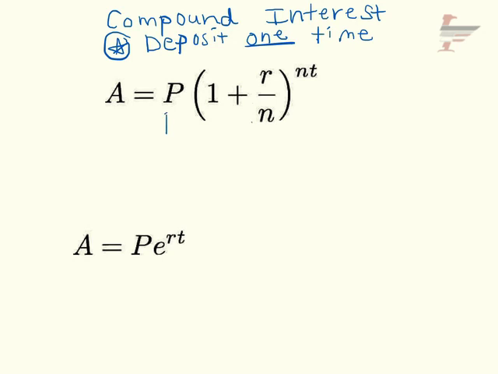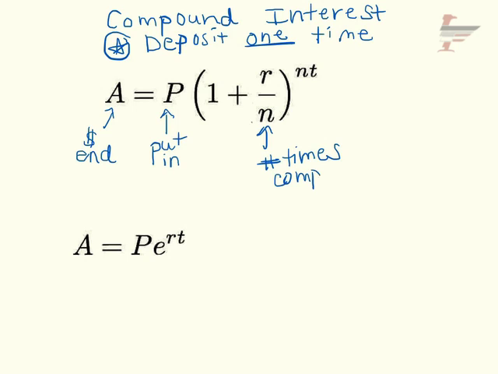Okay, now P is called your principal, and that's how much money you put in initially. A is how much money you end up with, kind of your ending balance. N is the number of times that you compound in a year.